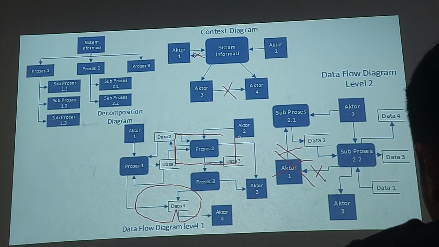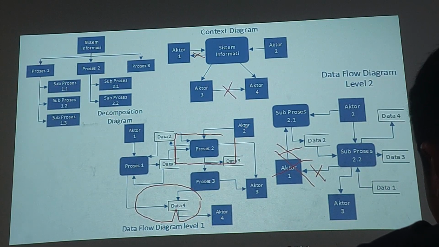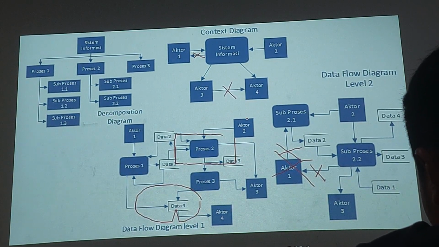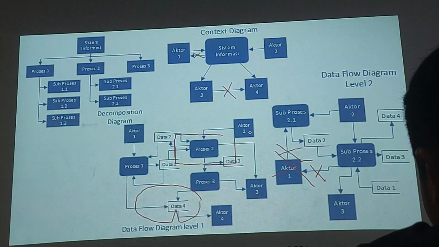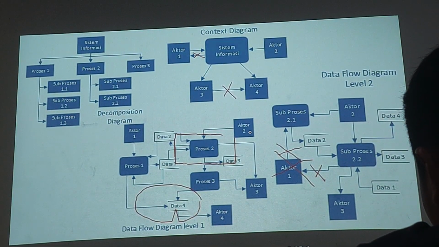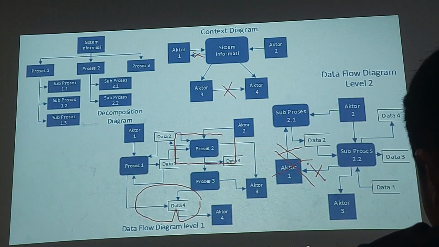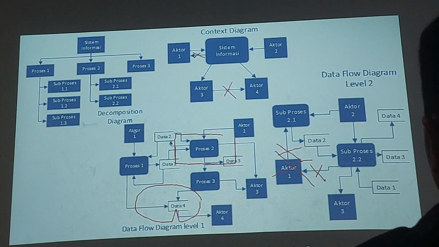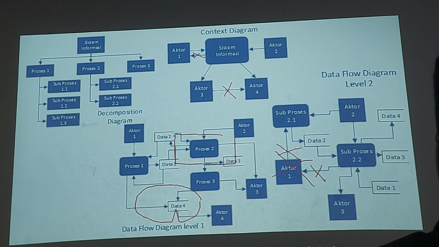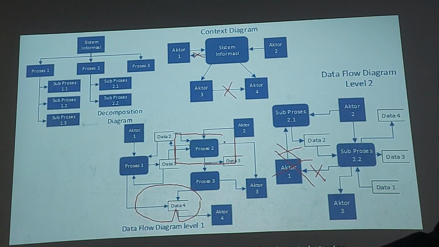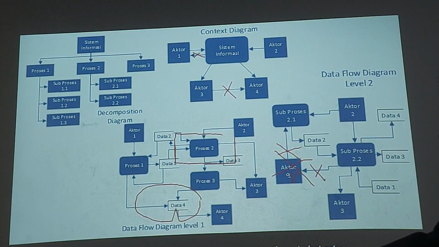They belong to process 2. Actor 2 gives input and actor 3 receives the output. But actor 1 is not related to process 2. So this is incorrect.